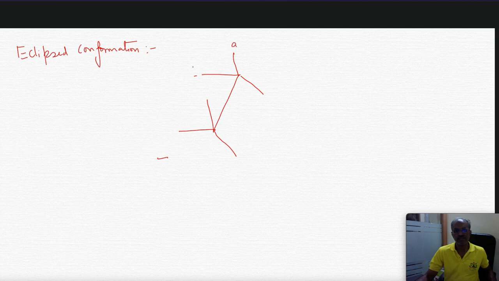This is A, this is B, this is C. Similarly, this is A, this is B, and this is C. This is carbon atom 1 and this is carbon atom 2.